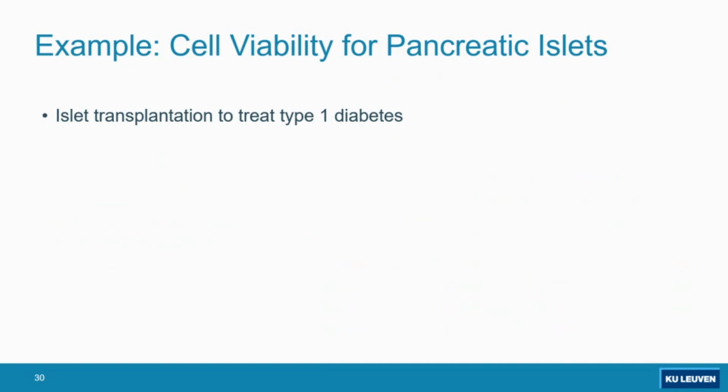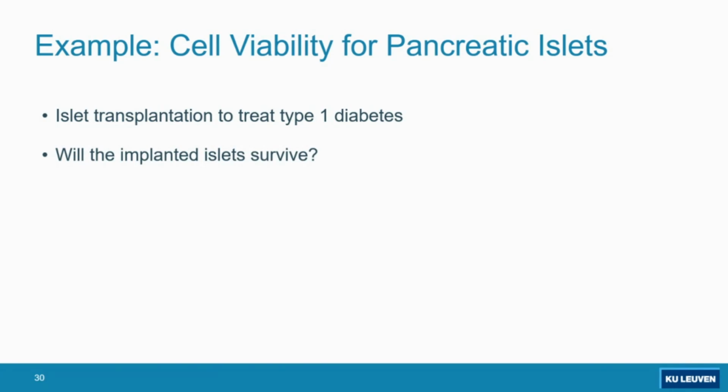This is one of the ways to treat type 1 diabetes, the most severe form of diabetes. When there is some malfunctioning of the pancreatic cells in the pancreas, you prepare some islets in specific devices and then transplant them into the patient. I don't want to go into the details of the clinical relevance, but the problem is: will the implanted islets survive or not?